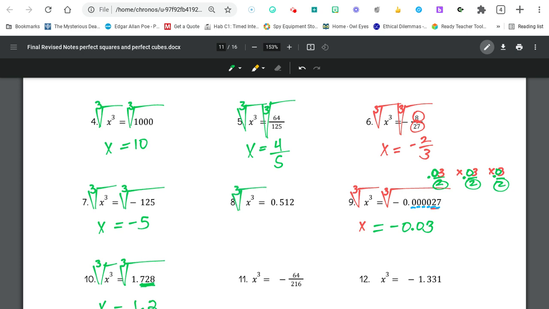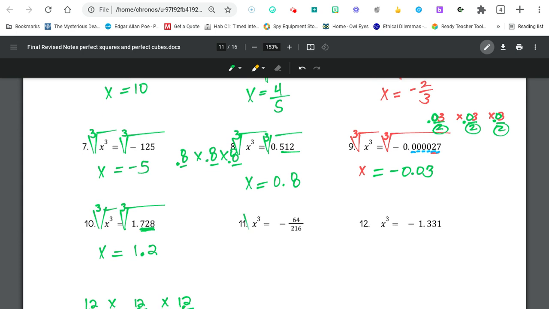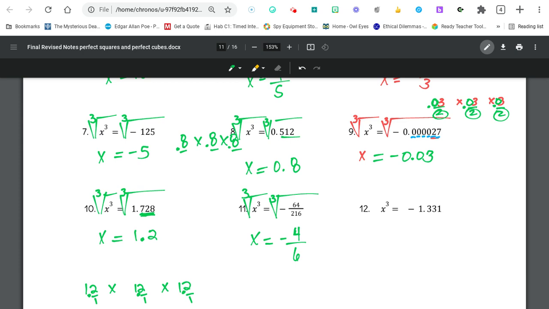Number 8, the cube root of x cubed is x, and when I see 512, I think about 8 times 8 times 8, and there are 3 digits there, so 1, 2, 3, so 0.8. Here, the cube root of x cubed is x, and the cube root here is negative 4, and 216 is 6. Just leave it as so. You don't have to simplify.